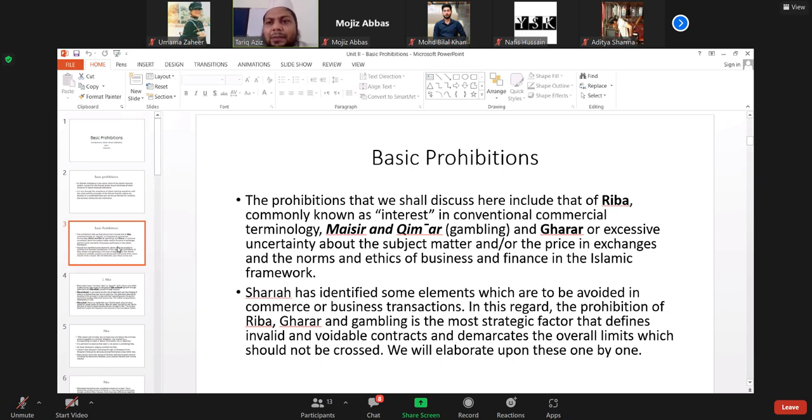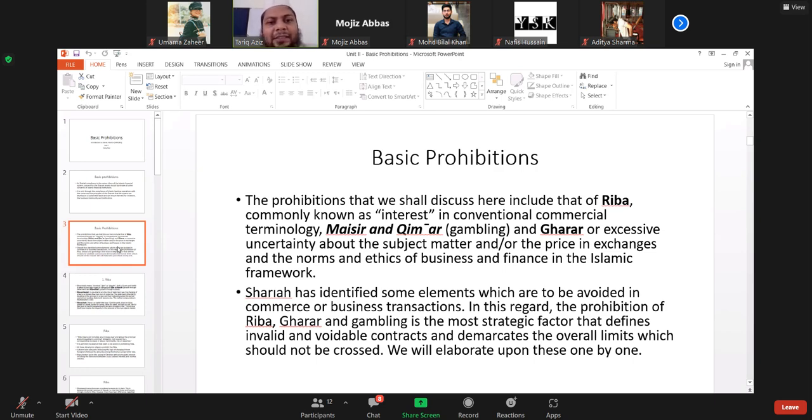This is the basic prohibition, and the prohibition is very strict, so strict that in the Quran Allah says that if somebody takes or indulges in riba, Allah declares war with a person who indulges in riba. And it's not only taking of riba that is prohibited, but also giving of riba. Taking and giving, just like bribe taking is prohibited, bribe giving is prohibited. Similarly, riba taking and riba giving both are prohibited.